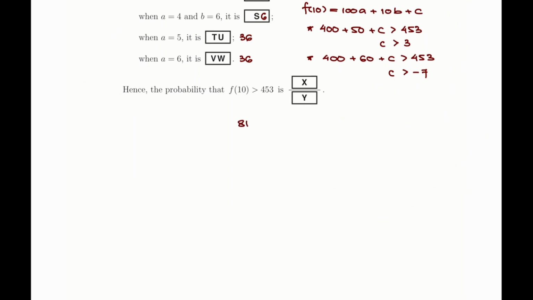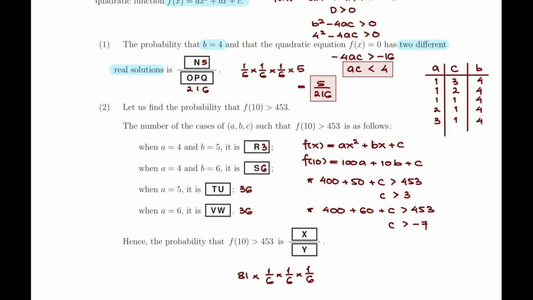Each case has probability 1 over 6 times 1 over 6 times 1 over 6. The same concept as the previous question. We already know there are 81 different cases, each with probability 1 over 6 times 1 over 6 times 1 over 6.